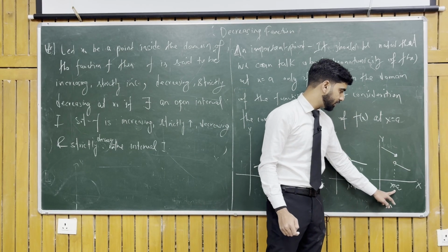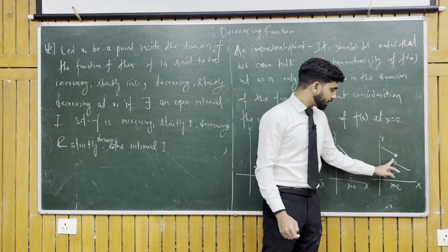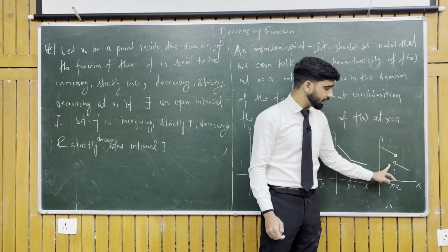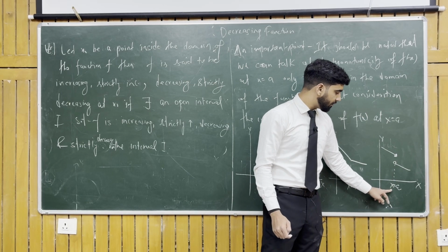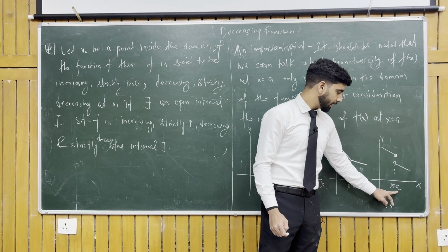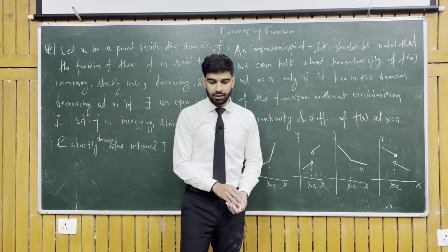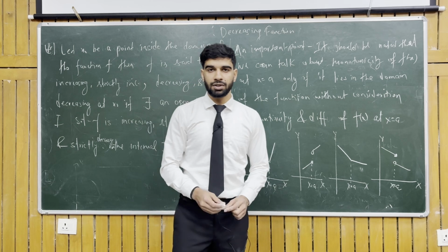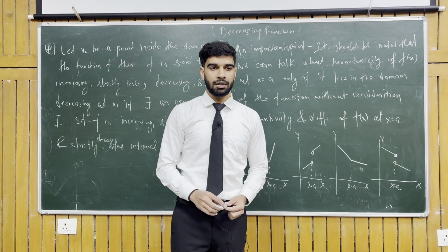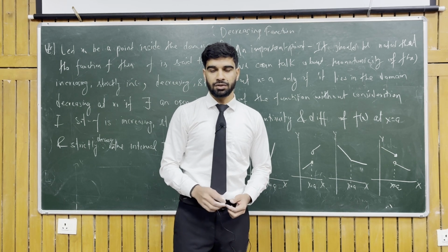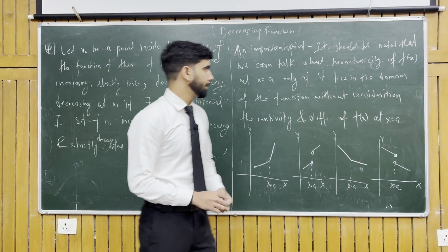In the fourth graph, this is also the graph of a decreasing function, and the function is not continuous at the point x equals a. So it is not necessary that at a point where the function is increasing or decreasing, the function is continuous or differentiable at the point x equals a.